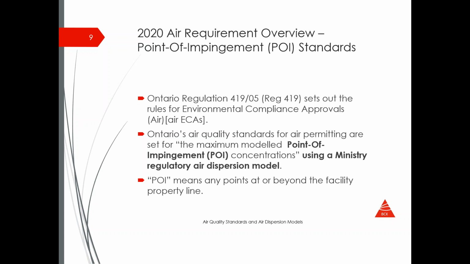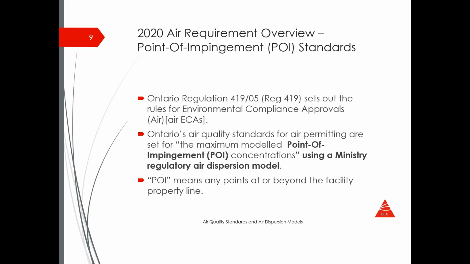It sets out the rules for environmental compliance approvals for air, or air ECAs. So in our province, the air quality standards for air permitting are set for the maximum modeled POI concentrations using a ministry regulatory air dispersion model.